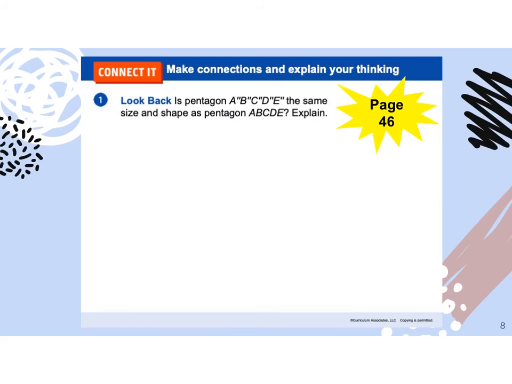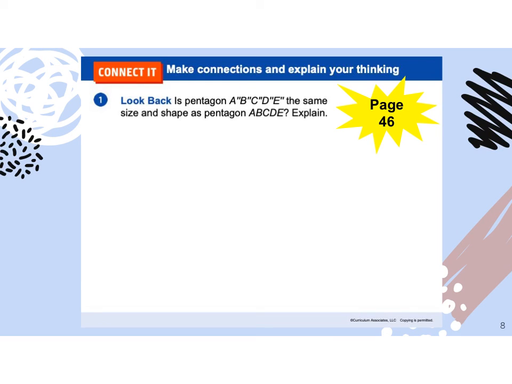The question is asking us, is our final pentagon in purple the same size and shape as the original? I have preserved the distance of all those sides. So yes, my shape is still the same size.